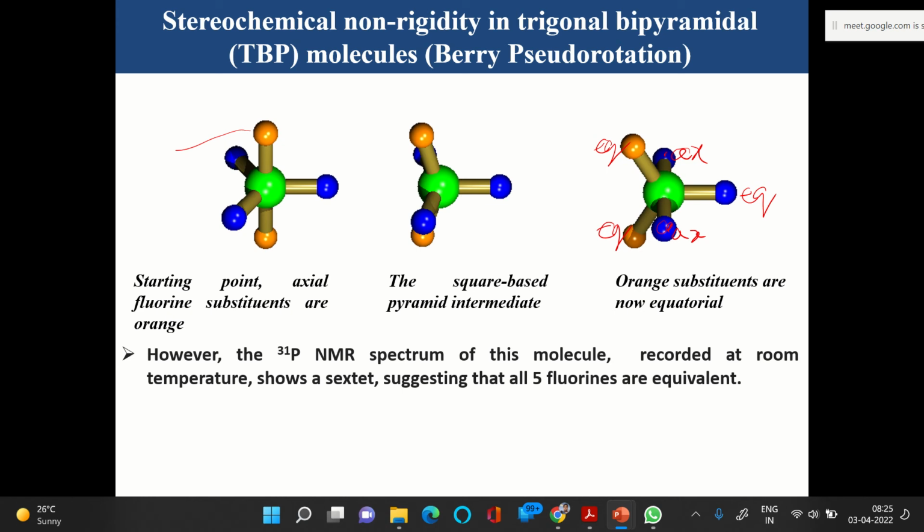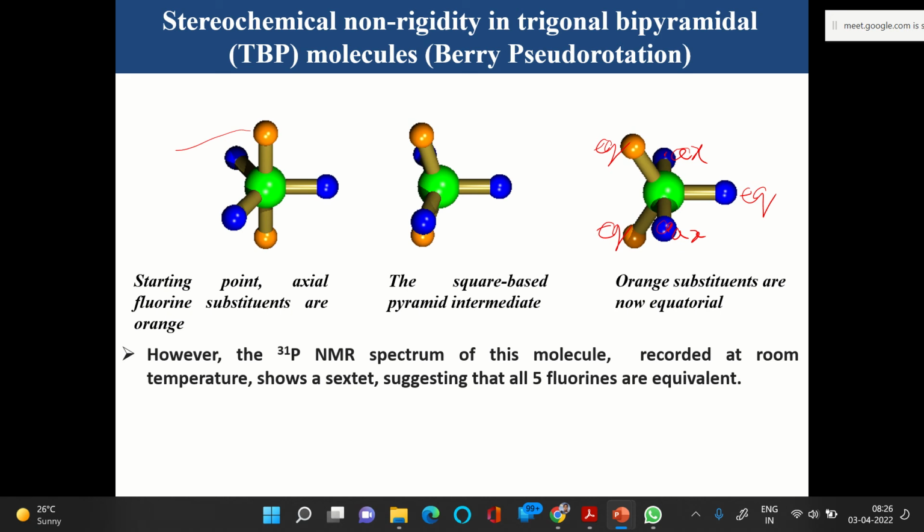So if you are observing an NMR spectrum of PF5, there are two things you can do. Phosphorus is magnetically active, fluorine is also magnetically active, so you can perform either 31P NMR or 19F NMR. If you are recording a 31P NMR spectrum, then all the 5 fluorines are equivalent.